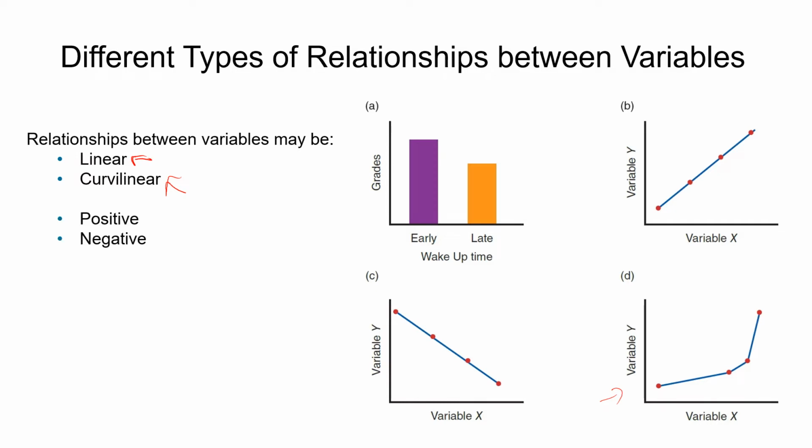We can have both positive and negative relationships, as we see in B, as x goes up, y goes up, or in C, as x goes up, y goes down. So a positive relationship and a negative relationship.